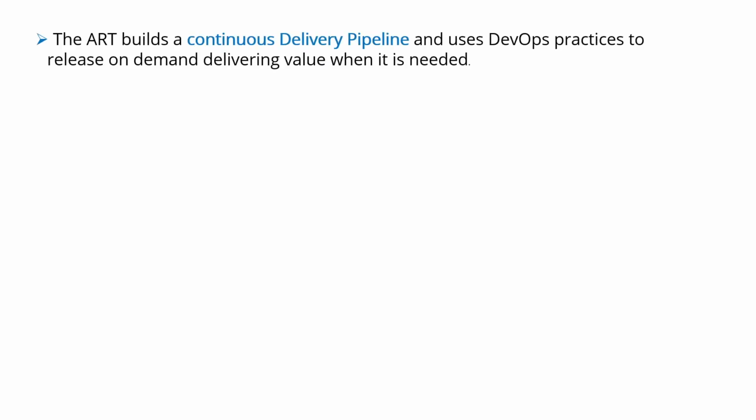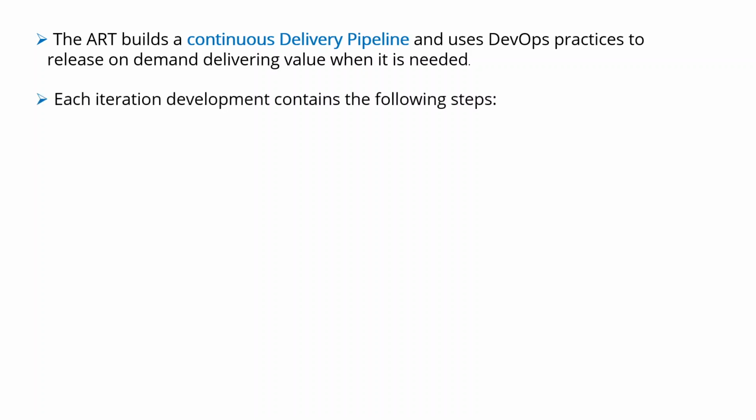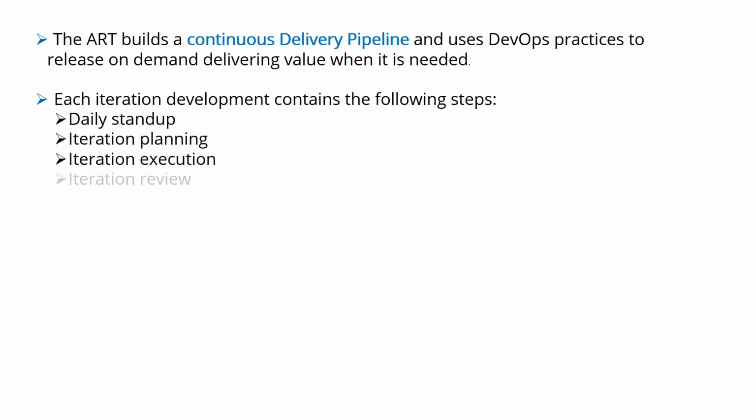The ART builds a continuous delivery pipeline and uses DevOps practices to release on demand, delivering value when it is needed. So each development iteration contains the following steps: the daily stand-up, iteration planning, iteration execution, iteration review, iteration retrospective, and the backlog refinement.